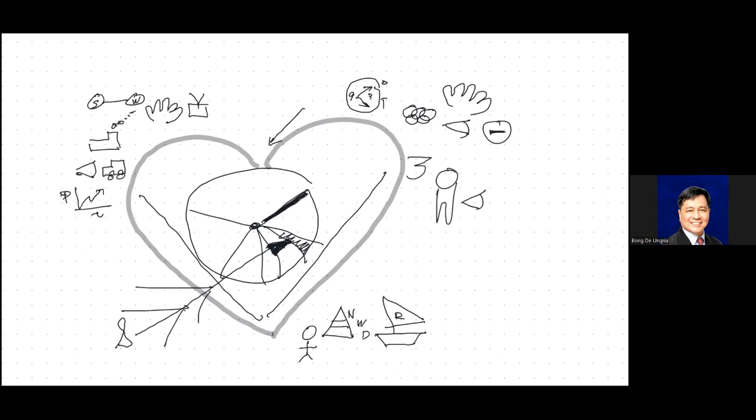So the one I shaded here is a niche. Bigger than that is a segment. When we differentiate, we go after a segment, but when we niche, we focus on a very, very narrow segment, maybe like this one, to be able to win. Those are the three generic winning strategies that the company can choose from in order to win in business.